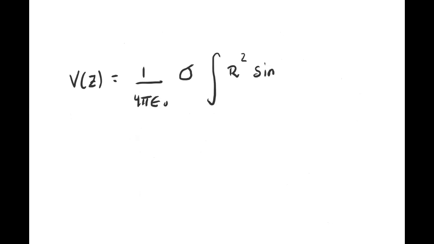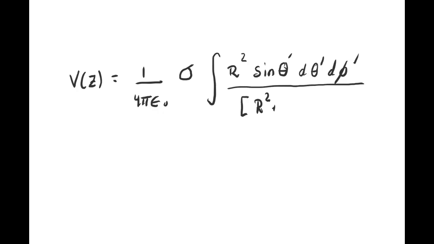The numerator has r squared sine theta d theta d phi, and the denominator is r squared plus z squared minus 2zr cosine theta prime, all of that to the 1/2 power. No 3/2 here.